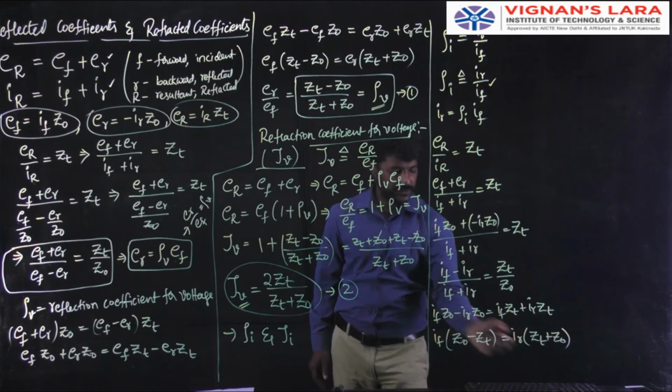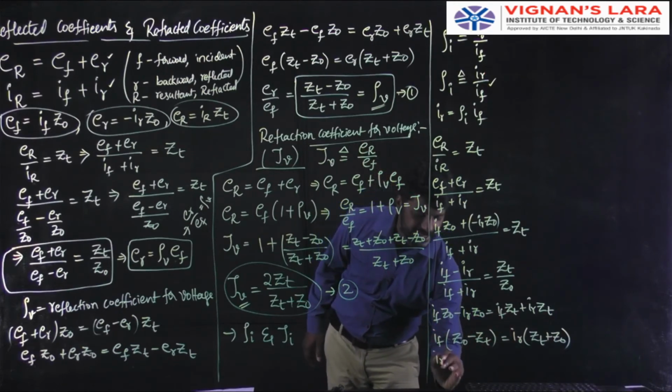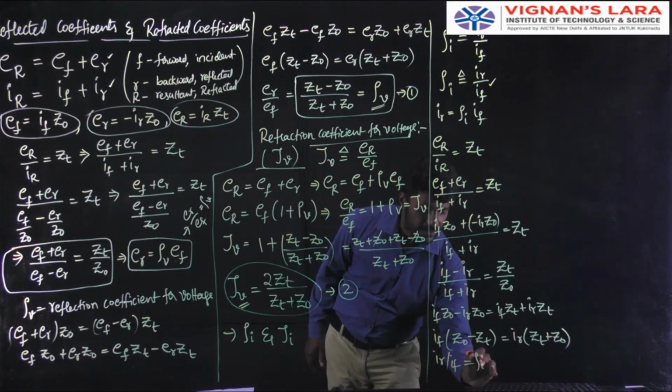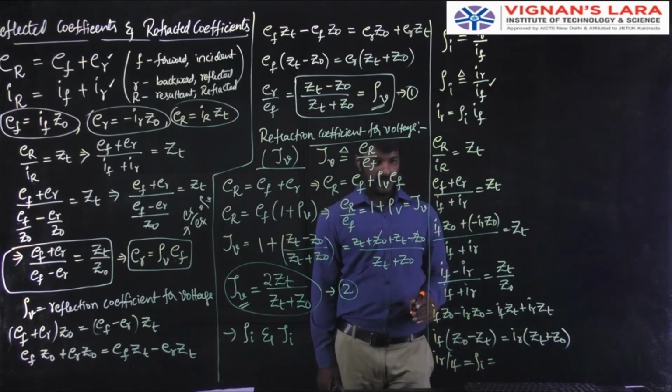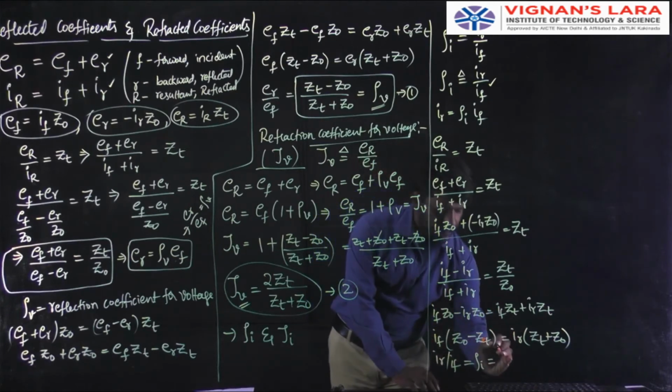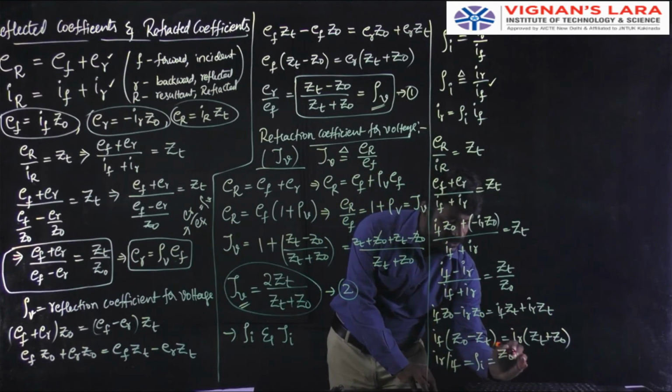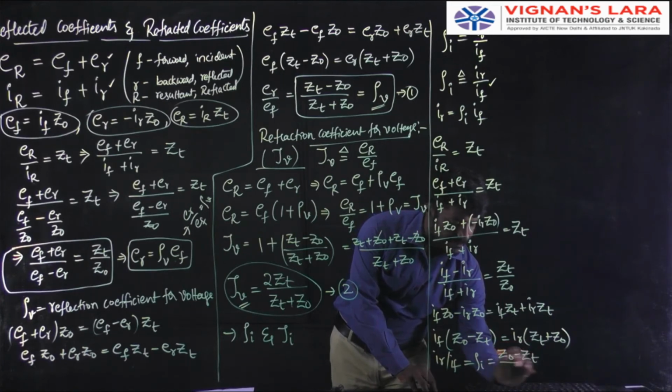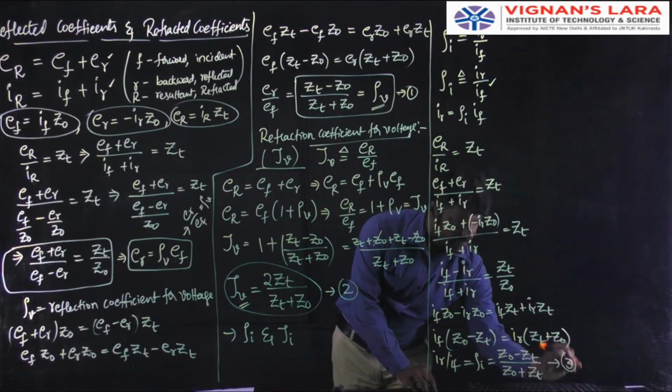Bring this IF to this side. Then IR by IF, which is rho I, is equal to Z naught minus ZT by Z naught plus ZT. Very important, this is equation 3.